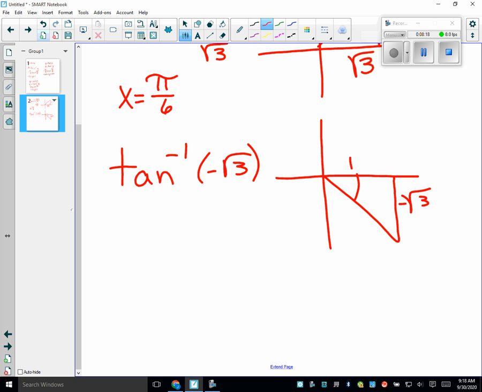Negative pi over 3. Okay? Well, you were right, but I had some quizzical looking faces looking at me. They weren't sure how you got it, so we needed to. Everybody okay with that? Okay.